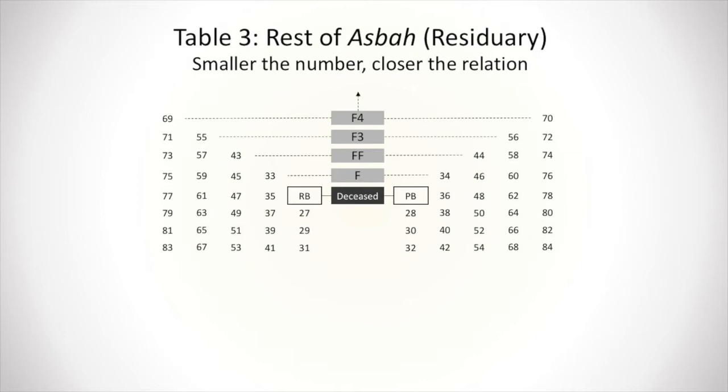So 45 here is father's father's real brother's son. Similarly, on the right side, we have the paternal brothers. As you notice in this table, there is no mention of sisters because this extended asaba is only looking for male relatives. Also, we don't see any mention of maternal siblings because that relationship is connected through the mother and it breaks the chain of males.